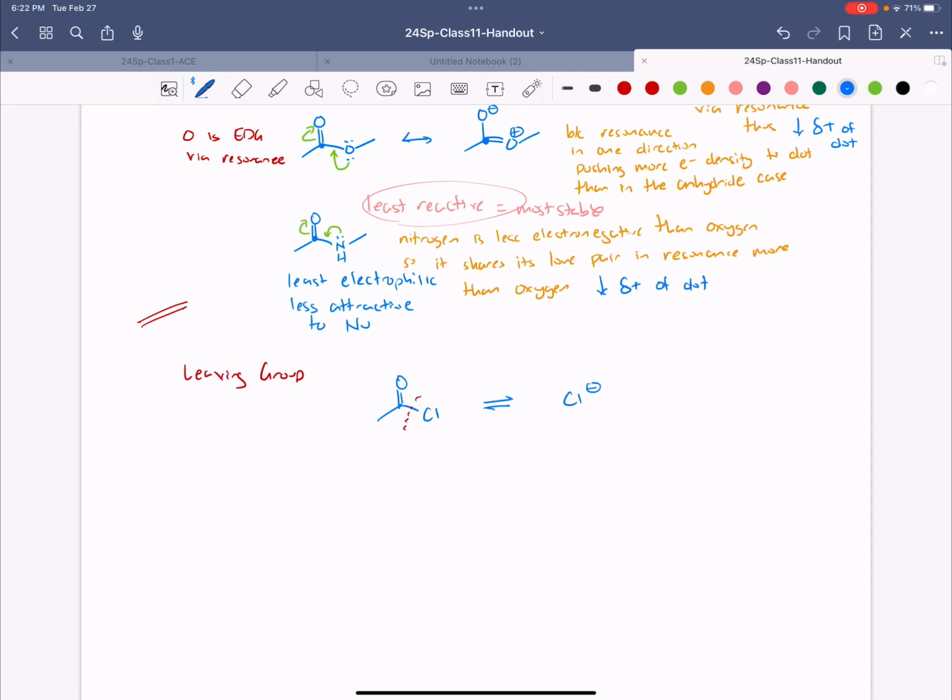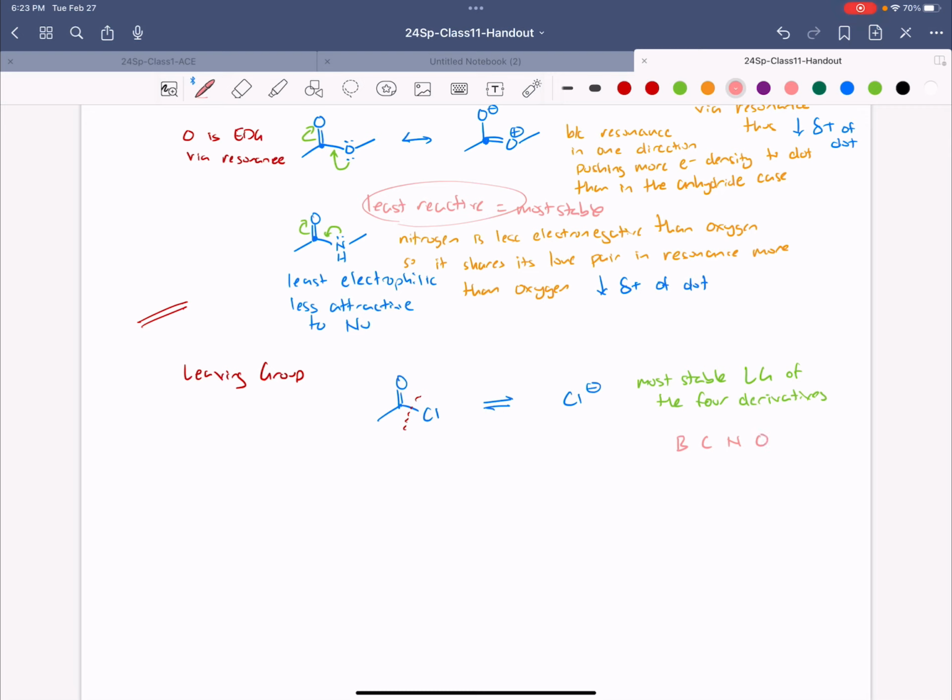Right now, you're going to take this on faith if you don't know this already. But out of the 4 derivatives, this is the most stable leaving group. Chlorine is actually on the second row. It goes like this. The first atom that has a p orbital is boron, then carbon, then nitrogen, then oxygen.